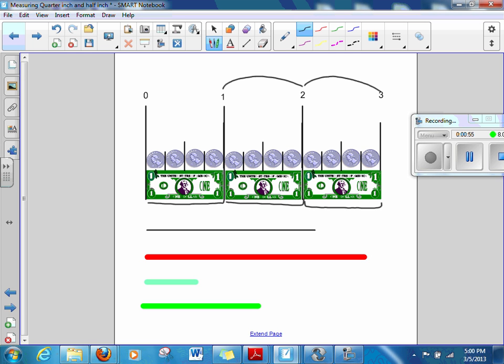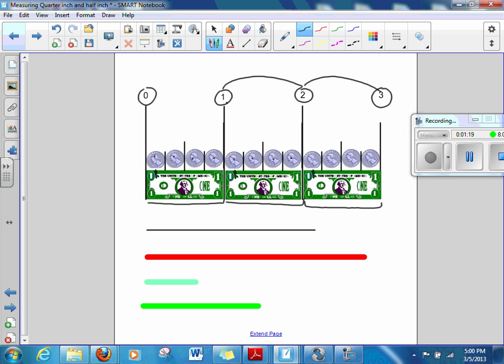Now, if we take a look in between them, we know that there are 4 quarters in each dollar. If we're measuring to the quarter inch, you'll have to remember that there's 4 of those between 0 and 1, and there are 4 of those between 1 and 2, and 4 of those, of course, between 2 and 3, and on it goes.